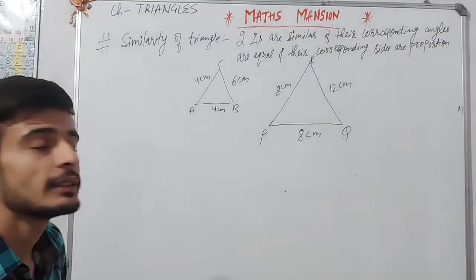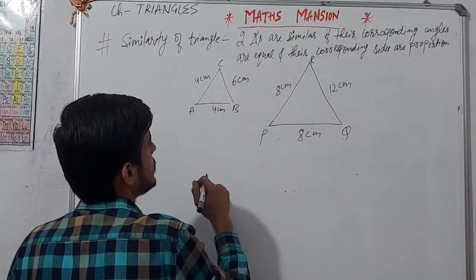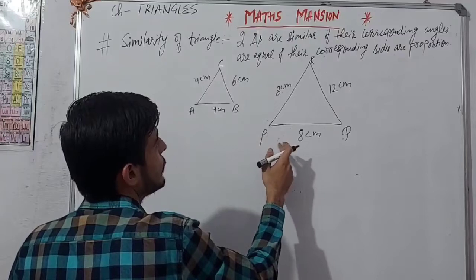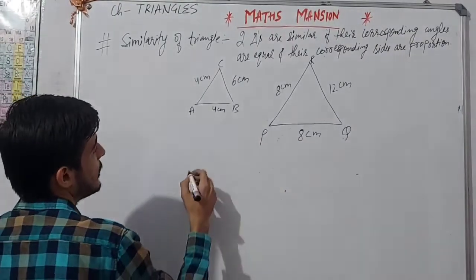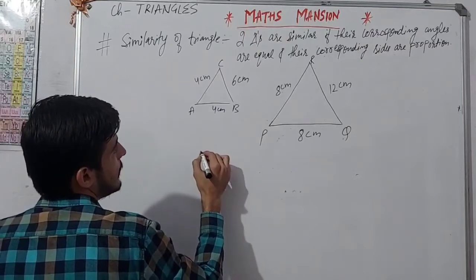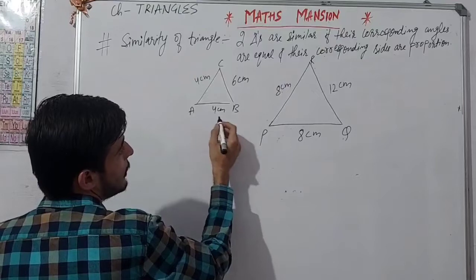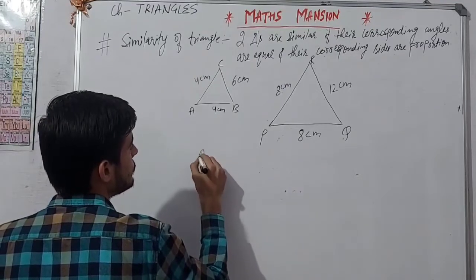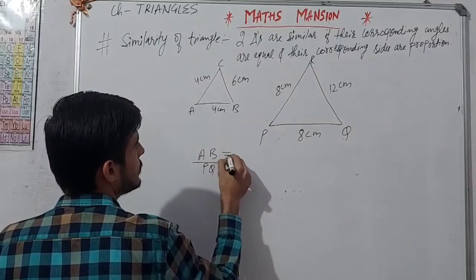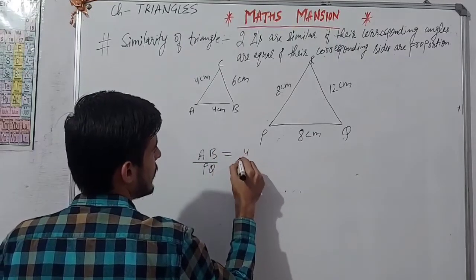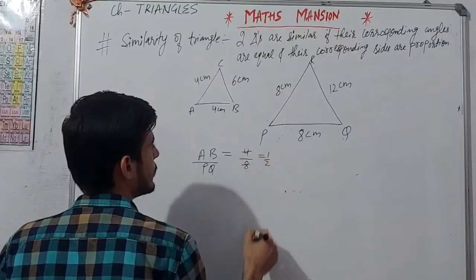Here we can see that the ratio of corresponding sides of triangles ABC and PQR are equal. What I'm saying is that the ratio of corresponding sides, AB upon PQ is equal to 4 upon 8, which reduces to 1 upon 2.